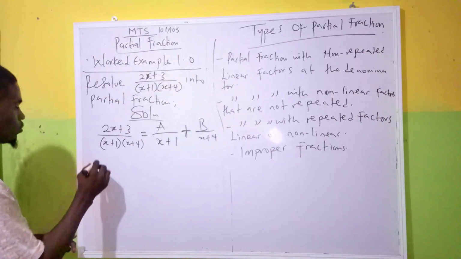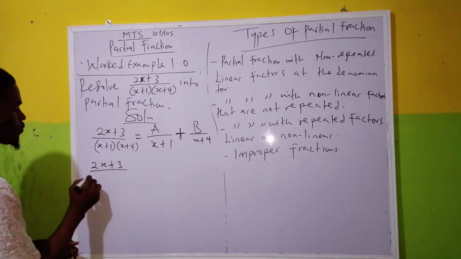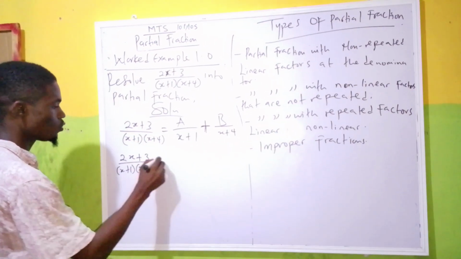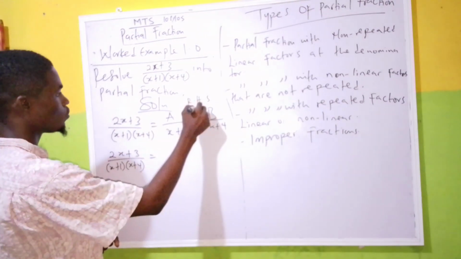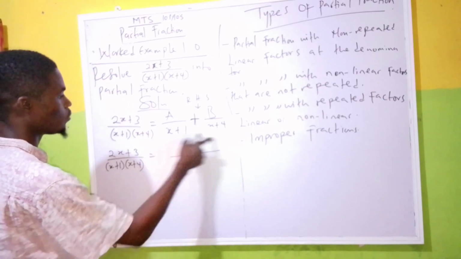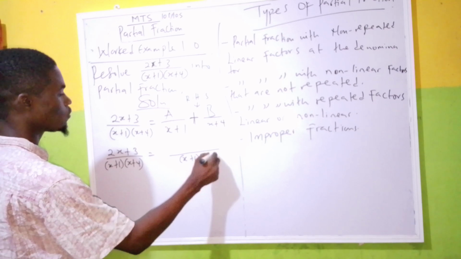Now at this junction, you write (2x + 3) over (x + 1)(x + 4) equals the right-hand side. On the right-hand side, you take your LCM, which is the multiplication of the two denominators: (x + 1)(x + 4).